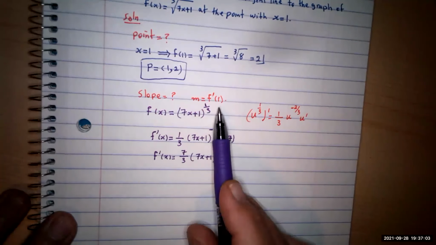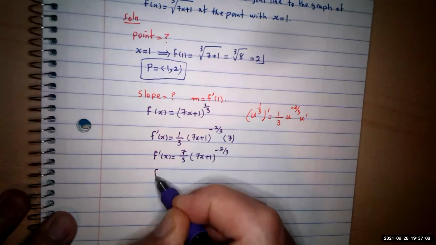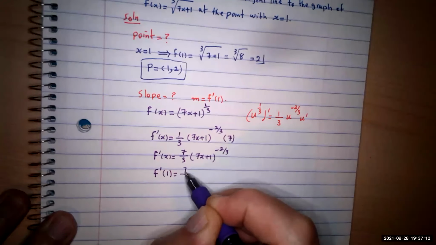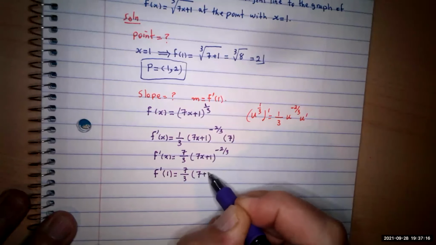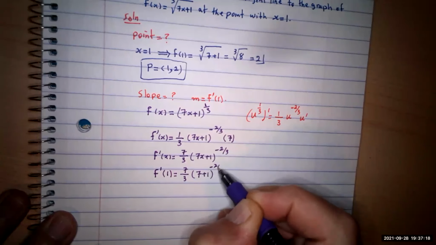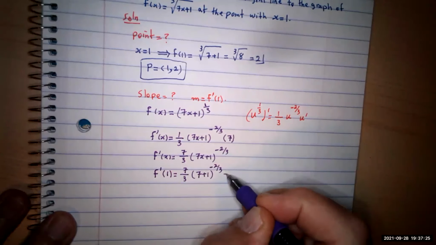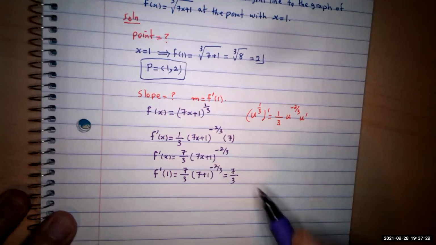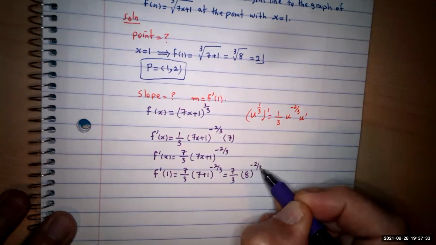Now to get m, you have to plug in x equal to 1, so that would be f prime of 1. f prime of 1 would be 7/3 times 7 plus 1 to the negative 2/3. Okay, you have to be careful to simplify this one. So this is 7/3, and inside, 7 and 1 would be 8, so that gives 8 to the negative 2/3.